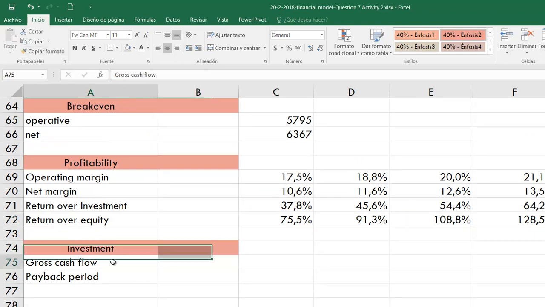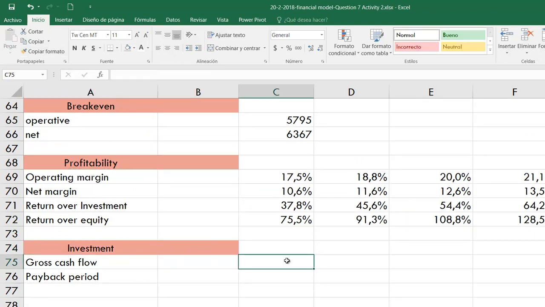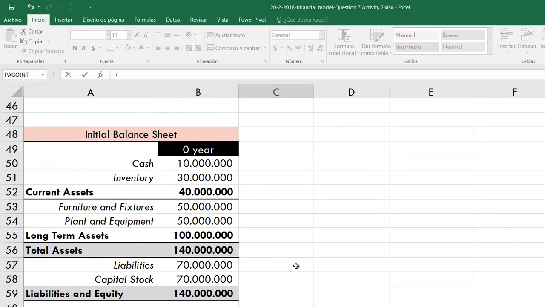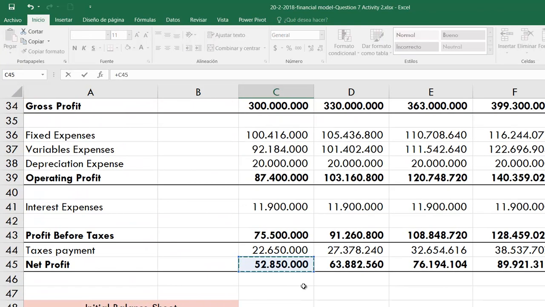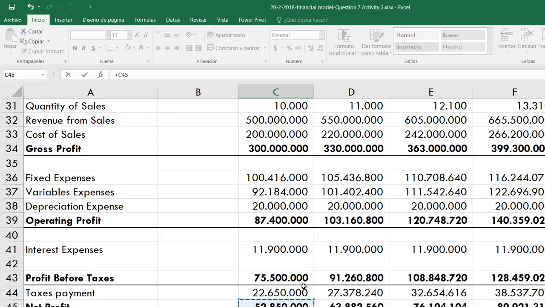Then there is another type of ratio, which is our gross cash flow, and that would be equal to our net profit from operations, right here, our operating profit that we have right before the interest expense. Sometimes it's estimated right after interest expense, but for our purpose here, we should consider the operating profit, and some other estimations subtract the taxes that the company should pay.